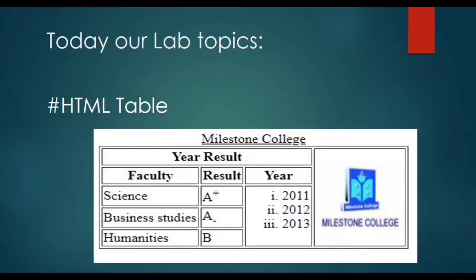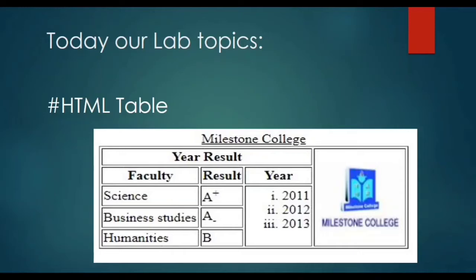And faculty result, that means in the second row, faculty result and year are written in bold letters. After that, in the next row, science, then A plus, so we should use the superscript or sup tag.